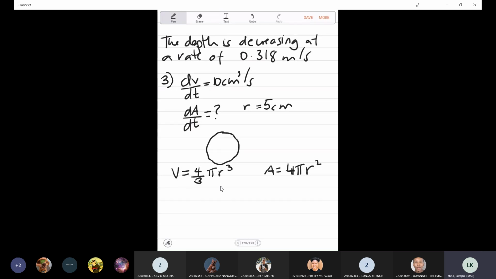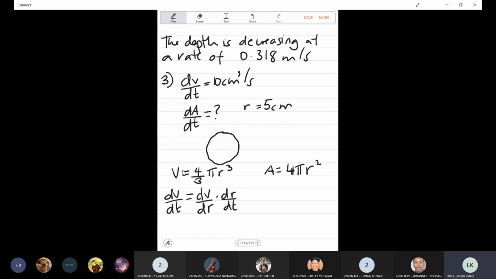So we can use the volume formula to work out dr/dt, get our answer, and then substitute it over there. Here, dV/dt is dV/dr, and this time it's a full derivative because V only depends on r. There are no other variables there. Then multiply by dr/dt. From all this we can work out dr/dt, and then substitute it to get dA/dt.